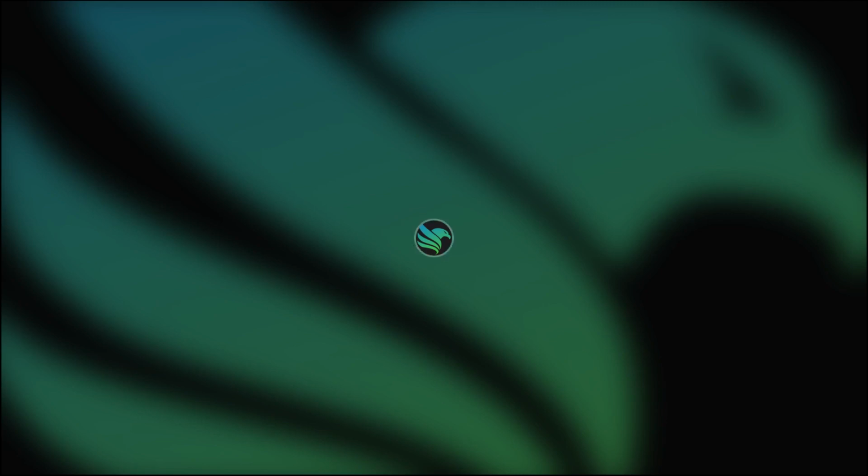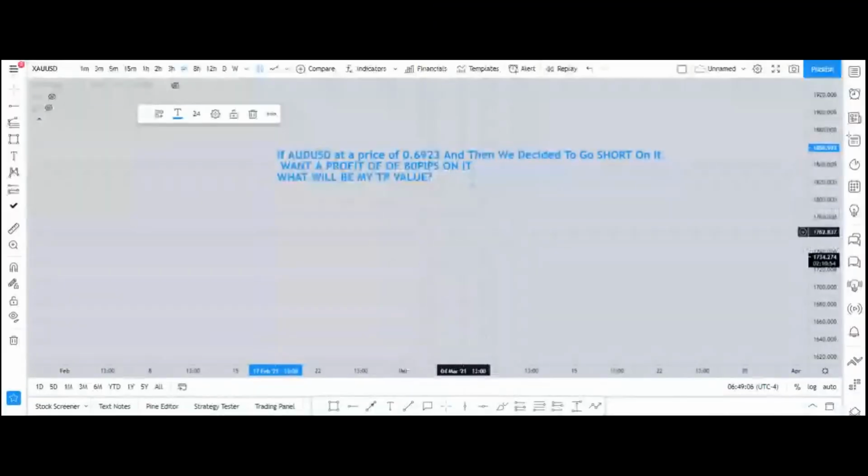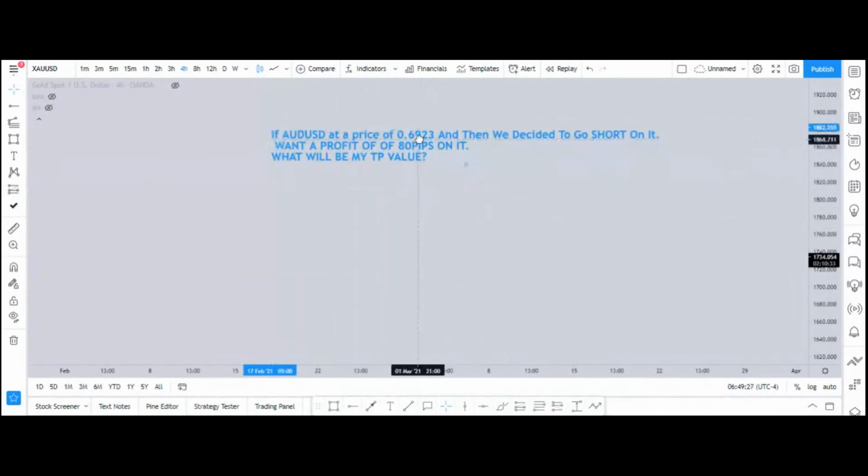Sharing this. If AUD USD is at a price of 0.6923, and then we decided to go short on it, and I want a profit of 80 pips on it, what will be my TP value?